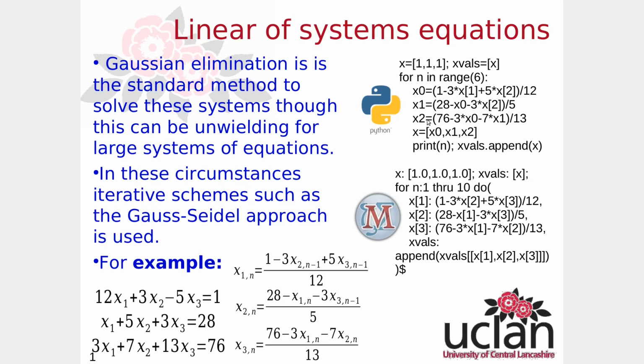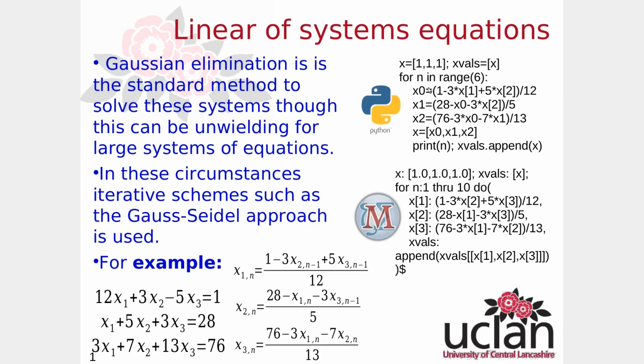x0, x1 and x2. So the xvals is to set up a list where we can append, and you can see this append down here, so you can see the iterative nature of the solution.